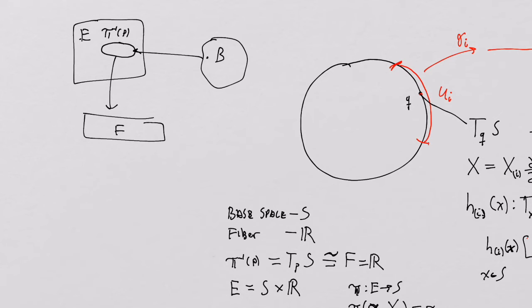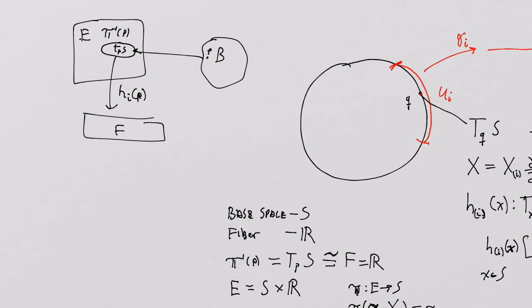So now this function that maps to the fiber will be called HI, in this case at the point P, and in here, that's the tangent space at P of S, right?